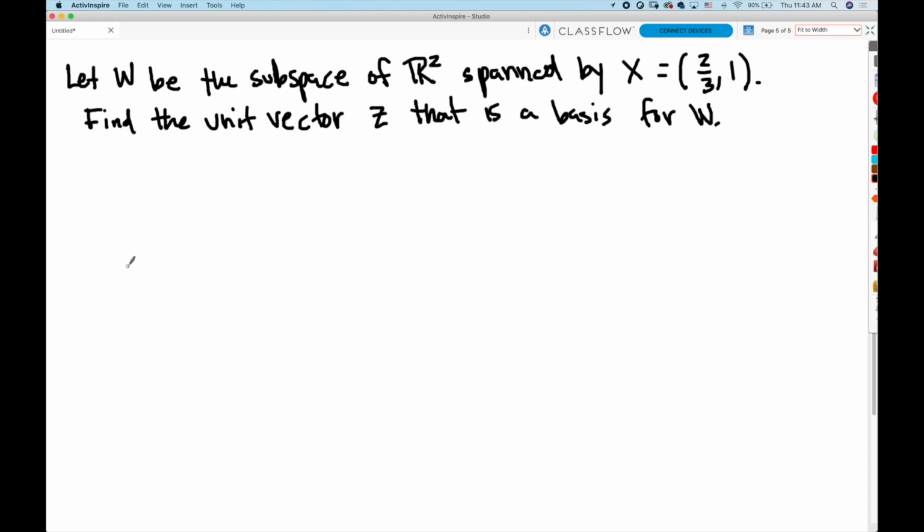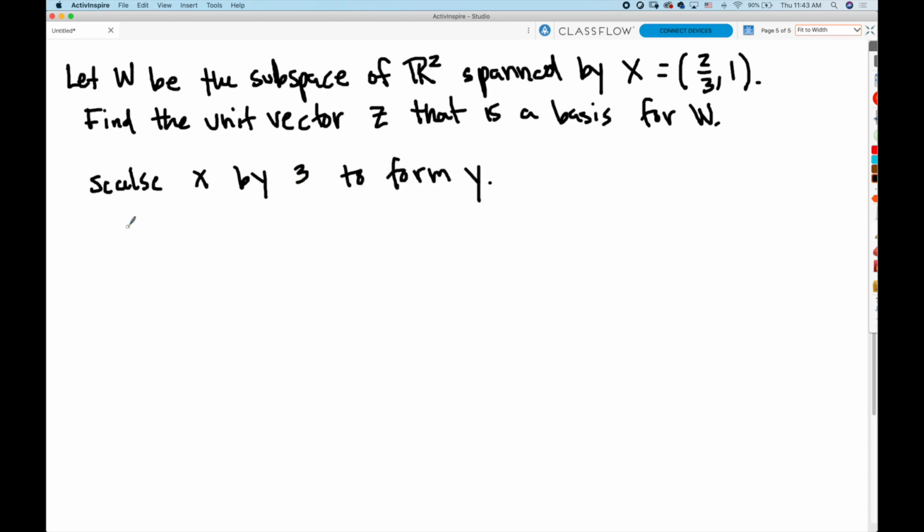All right. And so to simplify, we need to scale x to eliminate these fractions. So let's multiply x by 3 to get rid of the fraction. We're going to call it y. So first, we're going to scale x by 3 to form y.